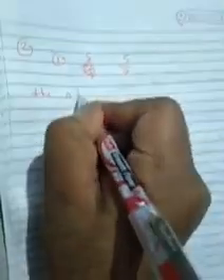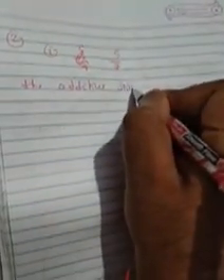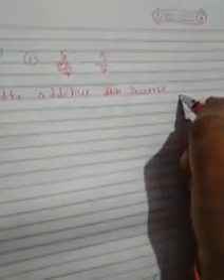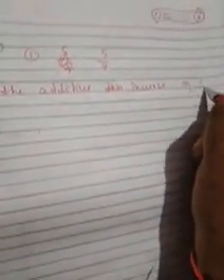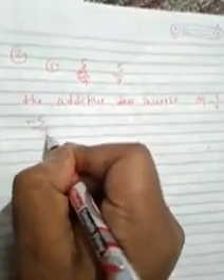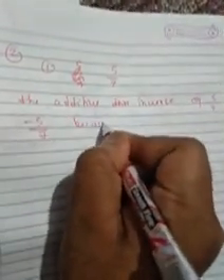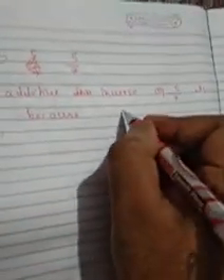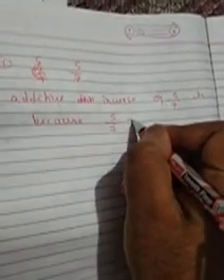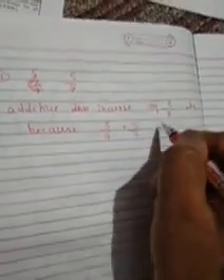The additive inverse of 5 upon 7 is minus 5 upon 7, because on adding both 5 upon 7 and minus 5 upon 7, we will get 0.